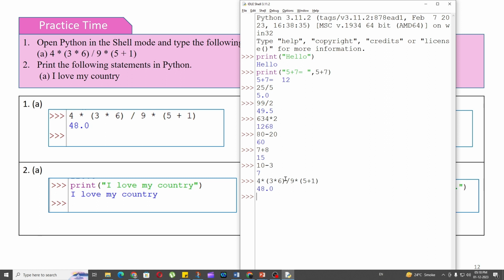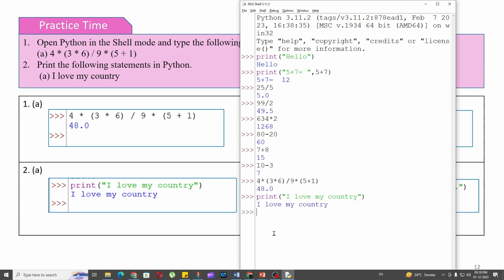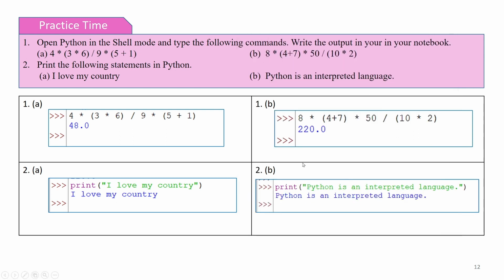So here the output is 8. Then 8 multiplied by 6 will give you 48. Yes. Now here, print I love my country. How will you do this? If you press enter, you will get the result like this here.